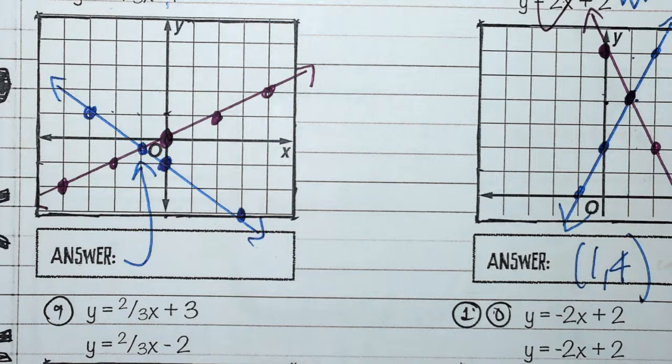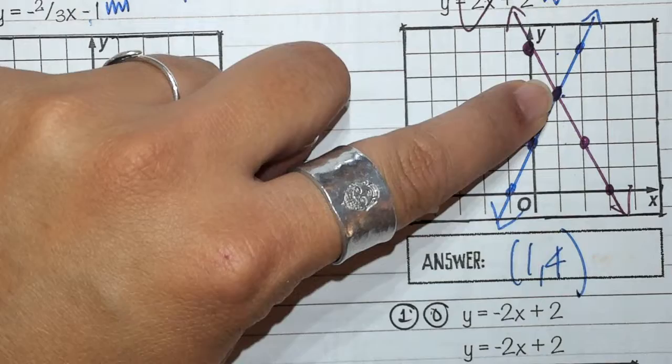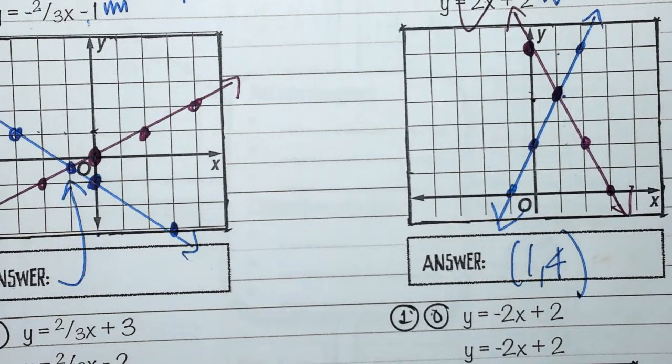Danubia, do you understand how we got that? So we're looking for where they cross, right? So where the two lines cross is right here. So you count right.